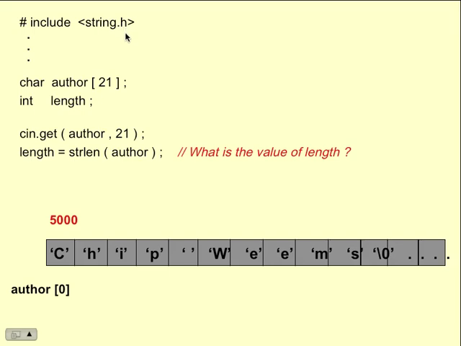Here's another example with character author, 21 characters, and length. We get author, 21 characters, and then the string length of author. What is the length? We typed in 1, 2, 3, 4, 5, 6, 7, 8, 9, 10, 11.